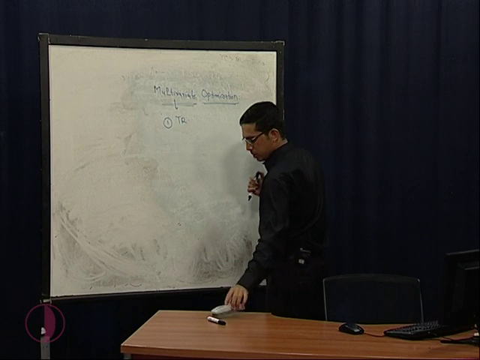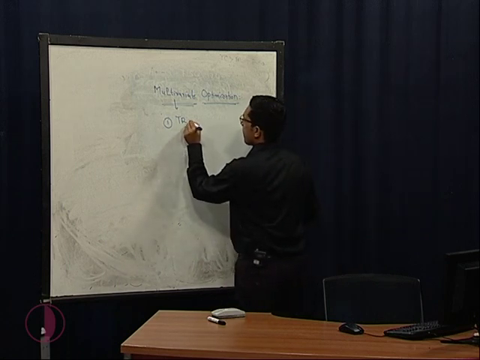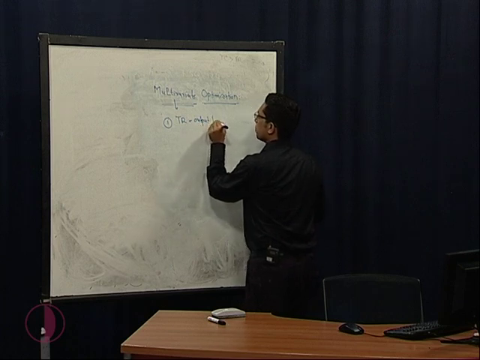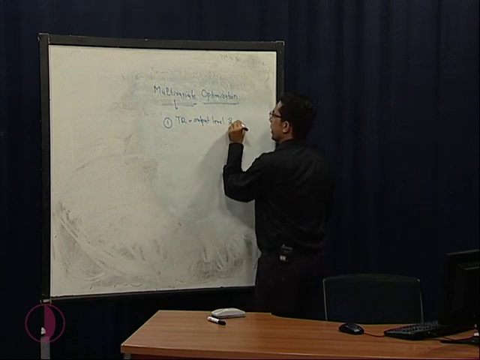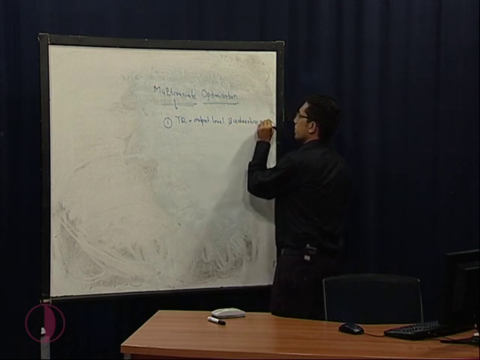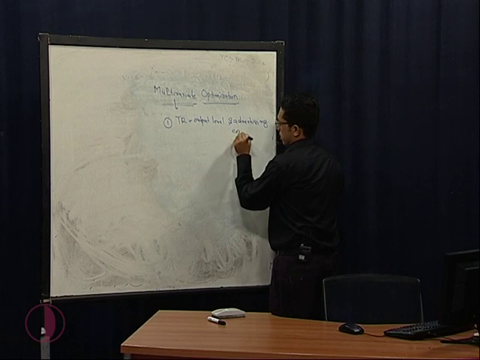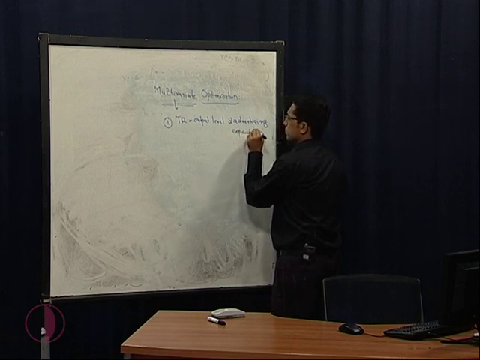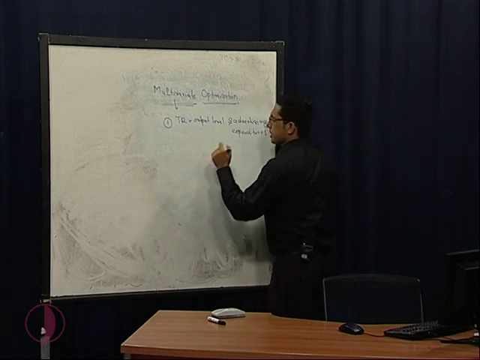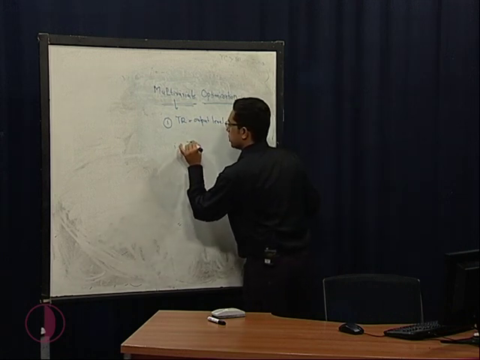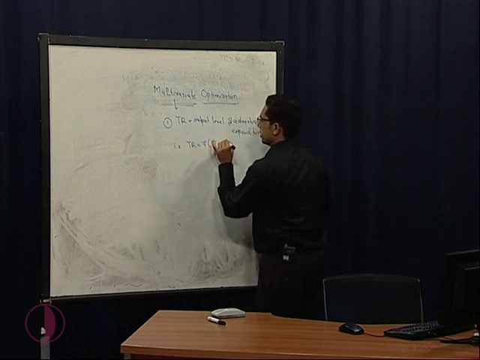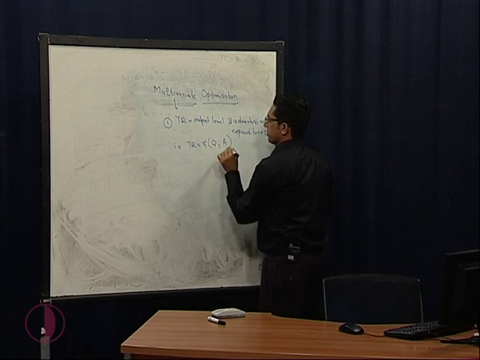So total revenue is the function of output level and advertising expenditures. In the functional form, I can write this expression as total revenue is the function of output and advertisement.